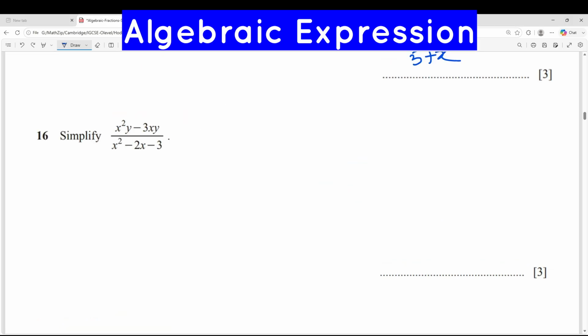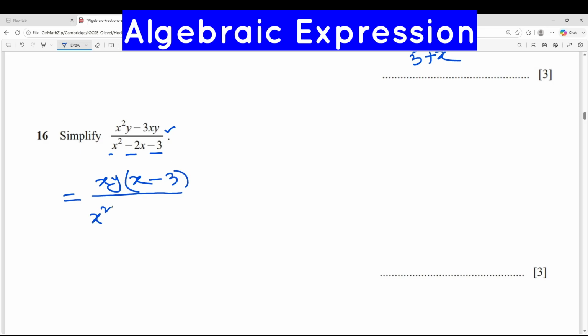Next question. Simplify (x²y − 3xy)/(x² − 2x − 3). So in this fraction, in numerator we can take common xy, right? So here will be x − 3, and denominator we can factorize by middle term factor.